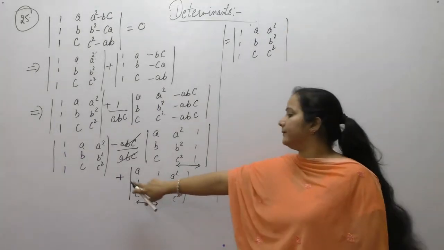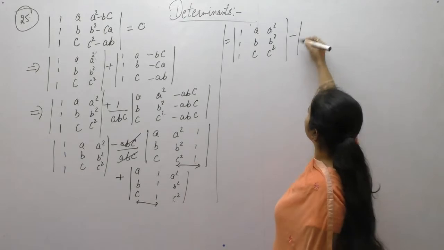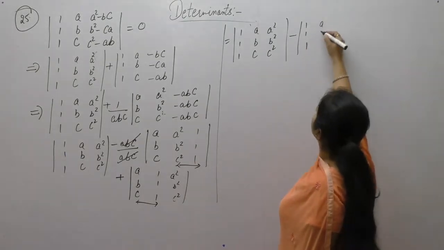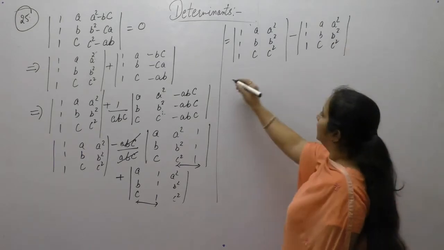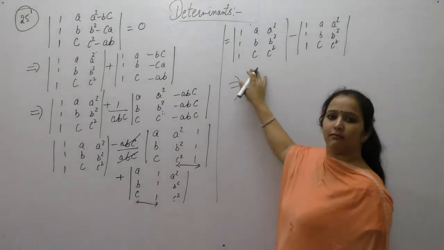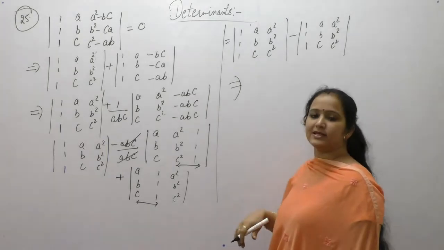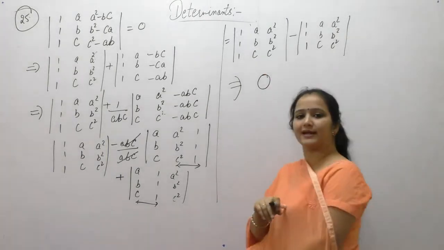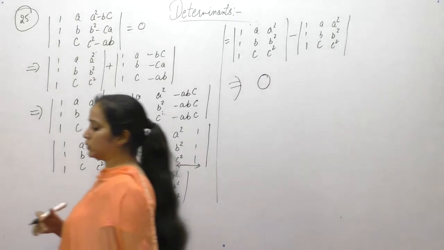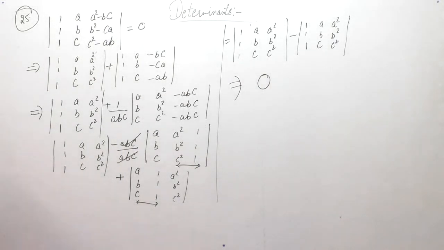Again a negative sign, so plus minus minus, the determinant 1, 1, 1, a, b, c, a square, b square, c square. The determinant of this term minus the determinant of this term, these terms are the same. So the determinants will get cancelled. So it is equal to 0. Note it down.